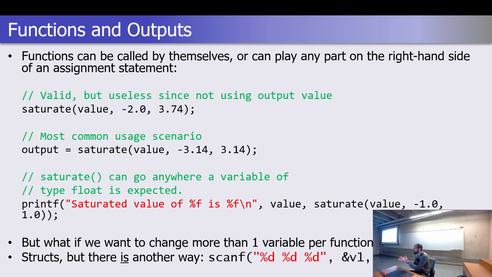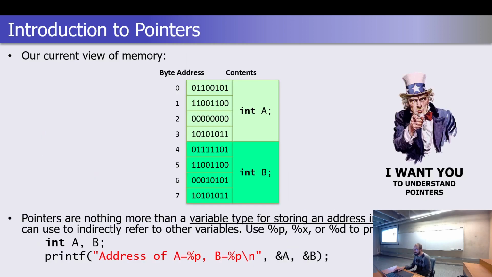Well, that's what this topic is. Why does that work? How does that work? How are these variables working in this mechanism for us to be able to update multiple things in multiple different ways, including via a single function call? So this is our current view of memory, right?